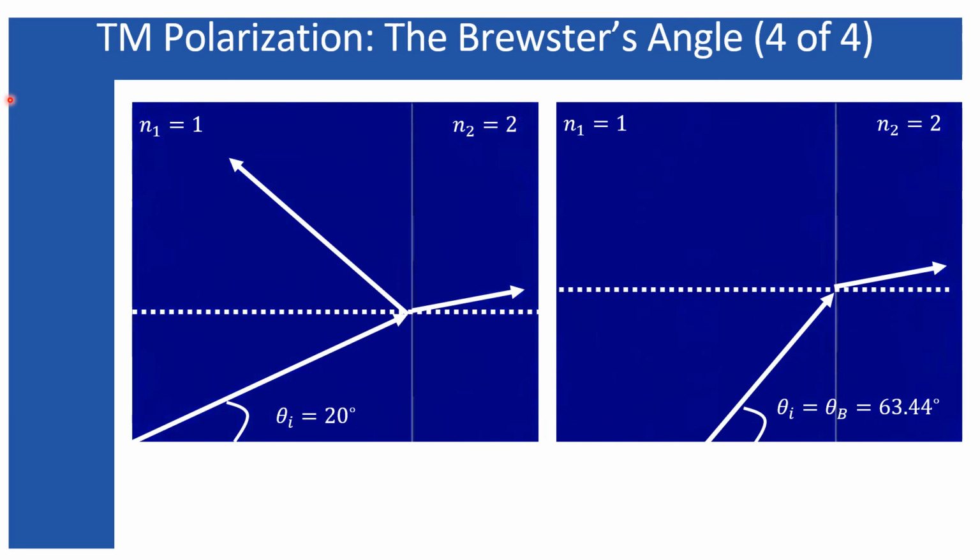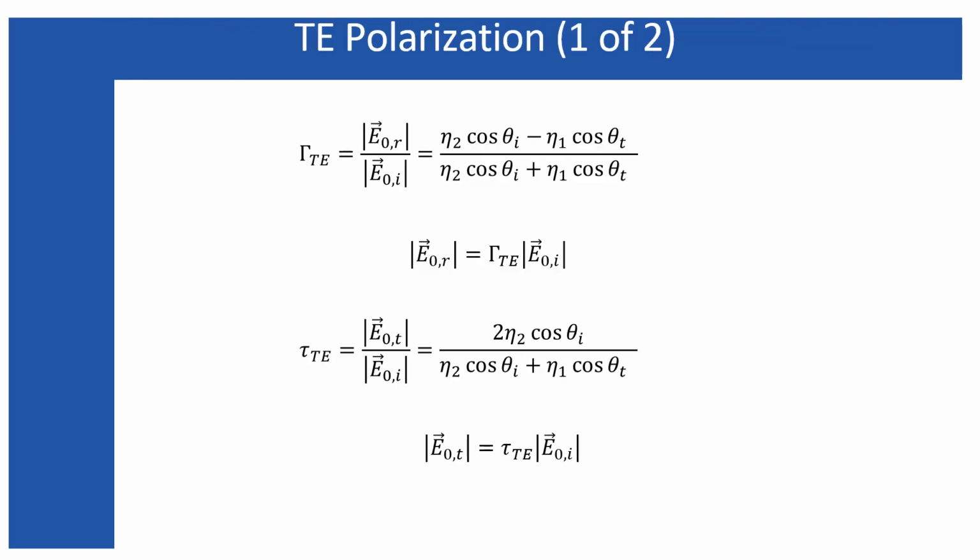So this is the amazing thing we can have for the TM polarization, that is the Brewster's angle. Now it is straightforward to write the reflection coefficient and the transmission coefficient for the TE polarization in this way. The only difference from the TM polarization is that for the TM polarization, this eta 2 was associated with cos theta t, that means the angle of transmittance.